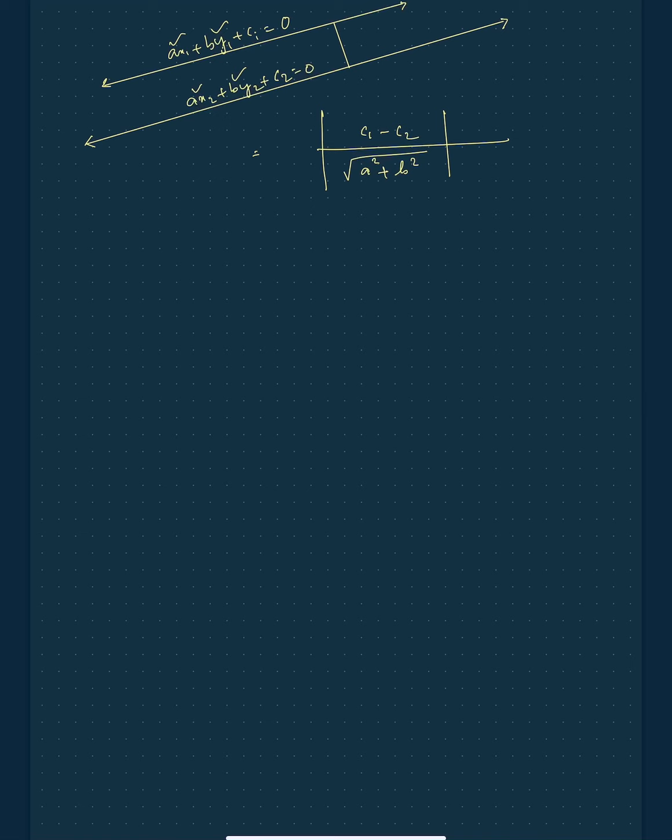Now to find the distance of a line from the origin, suppose the line equation is ax plus by plus c. We need to find the distance from the origin, whose coordinates are 0, 0.